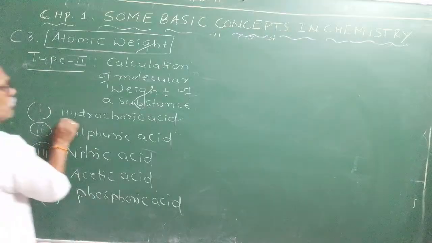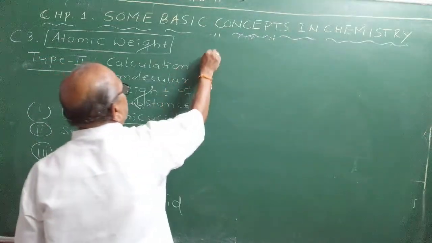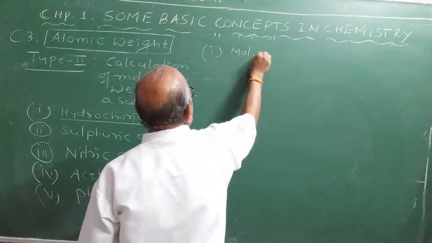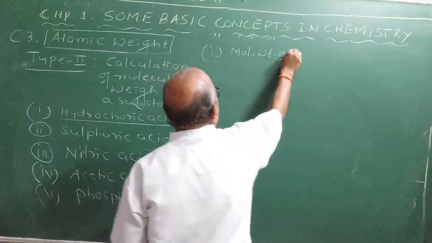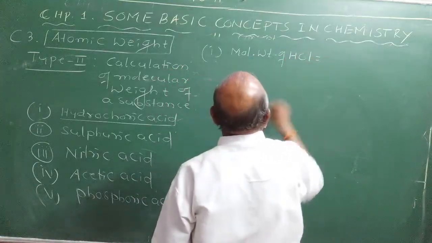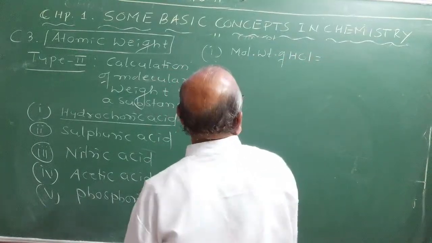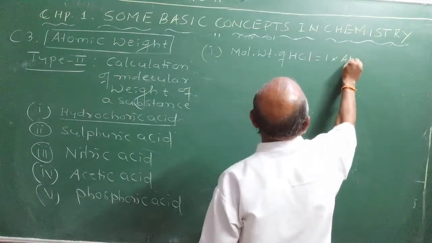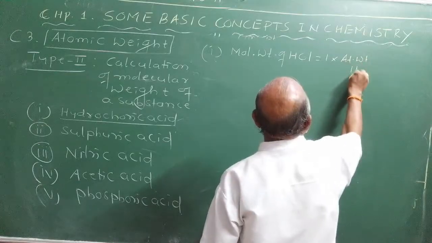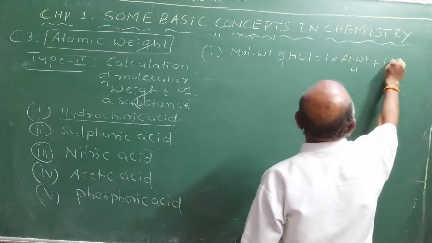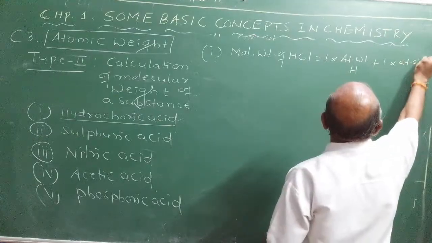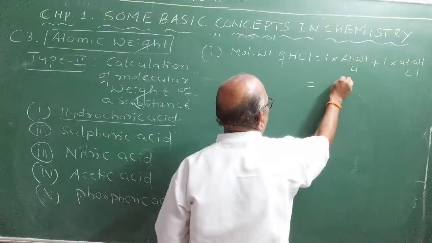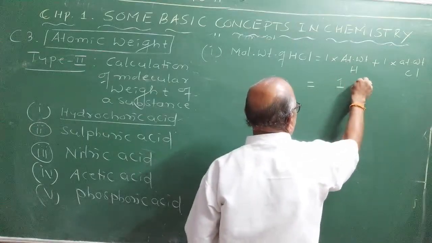First of all, you must know the molecular formula of hydrochloric acid. I will start. First one, molecular weight of HCl. Now, how many hydrogen atoms are there? That is 1 times the atomic weight of hydrogen plus 1 times the atomic weight of chlorine. Just now I have given you that the atomic weight of hydrogen is taken as 1 for calculation purposes.